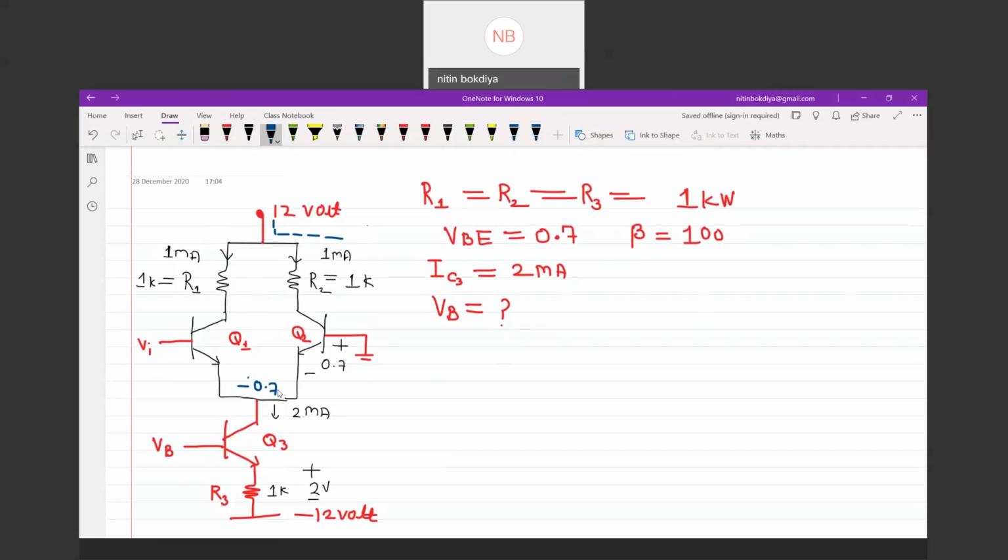Okay. VB minus 0.7 minus 2 is equivalent to minus 12 volt.